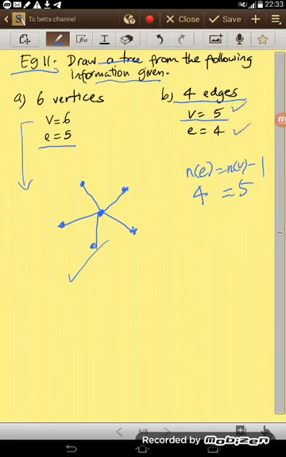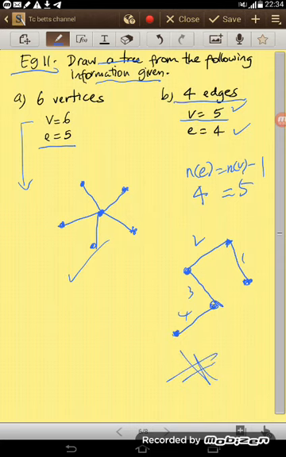So you start with 5 vertices, 1 2 3 4 5, and then you can just connect here, connect here, connect here, connect here. So you have 1 2 3 4 edges with 5 vertices. So that's it.